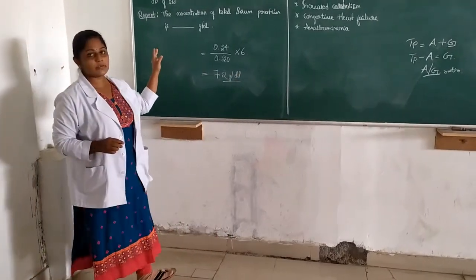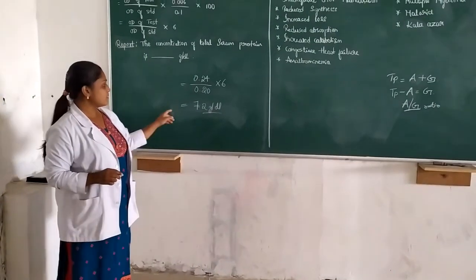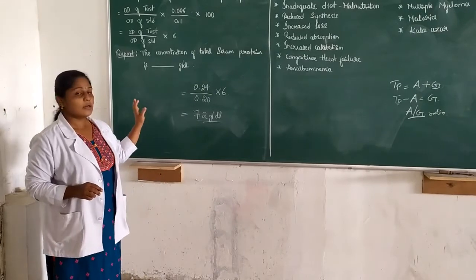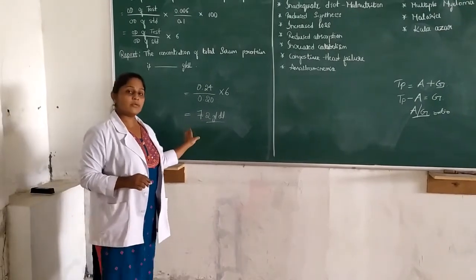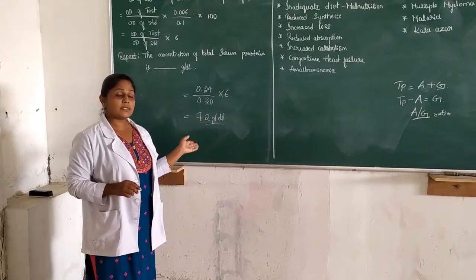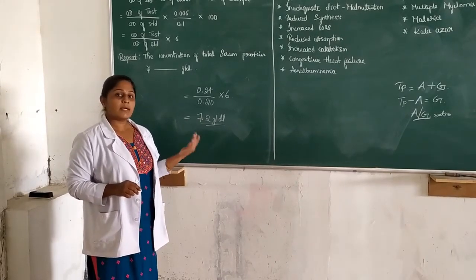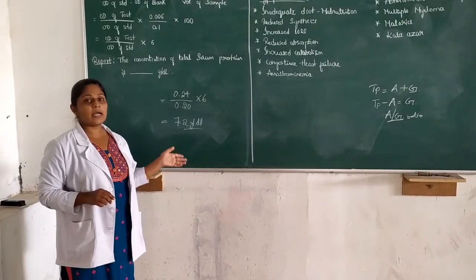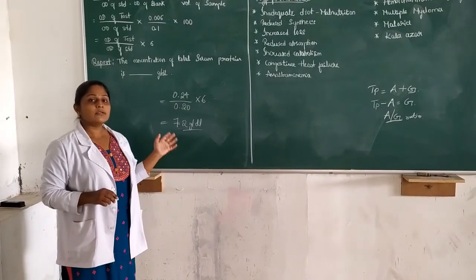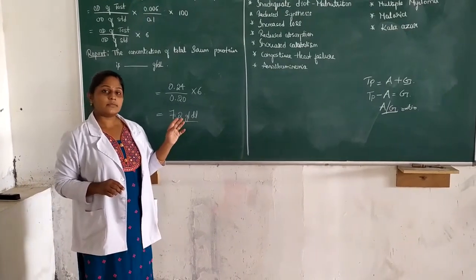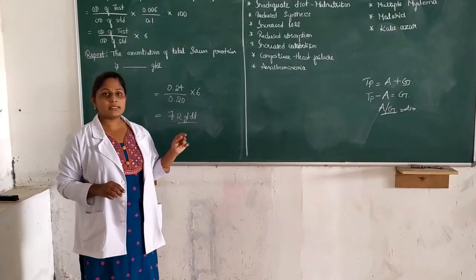The concentration of total serum protein will be 7.2 grams per deciliter. This is how you have to report, and clinical significance with respect to whatever value you get will be asked. We might give you different samples. It might be hypo, hyper or normal. So you should be able to answer and be thorough with the clinical significance.